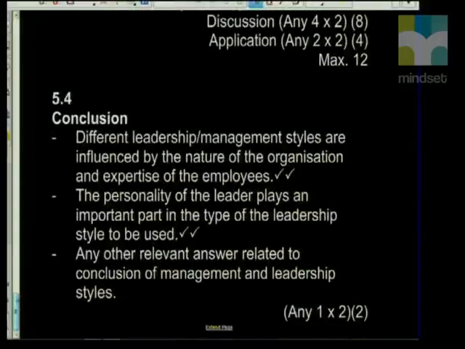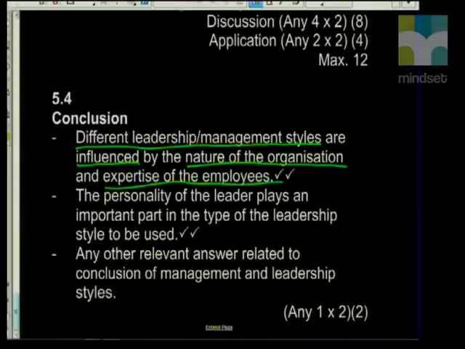Now, the last part of this for grade 12s would be the conclusion. So let's have a look at what they've got here. Different leadership or management styles are influenced by the nature of the organization and expertise of the employees. So you need to be flexible as a good leader, and being flexible would be taking into consideration the organization, the workers, the situations.